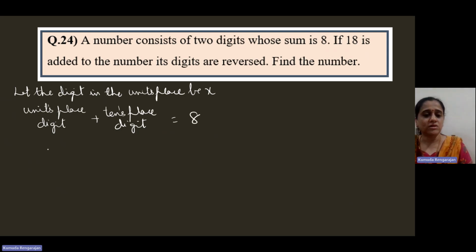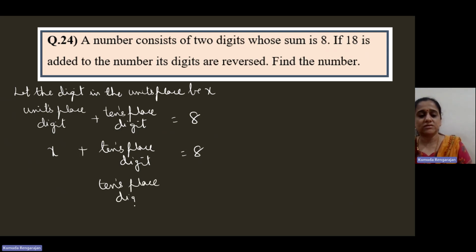Now this is x, no? x plus tens place digit is equal to 8. So what's the digit in the tens place? The tens place digit is equal to 8 minus x. Do we understand?